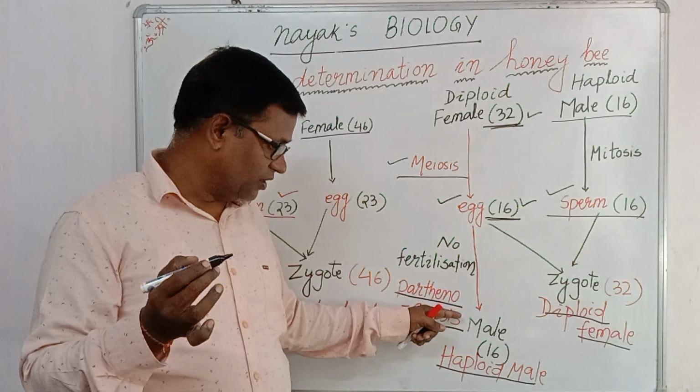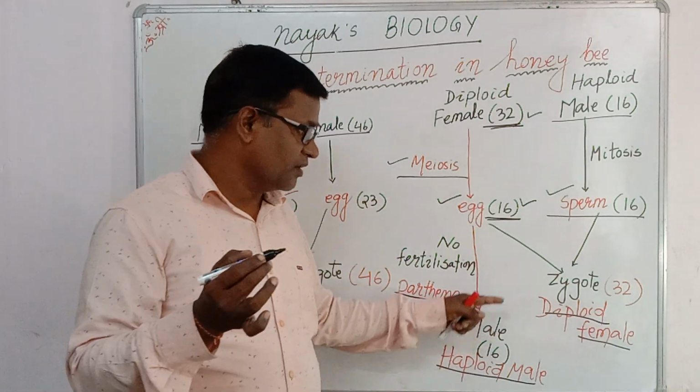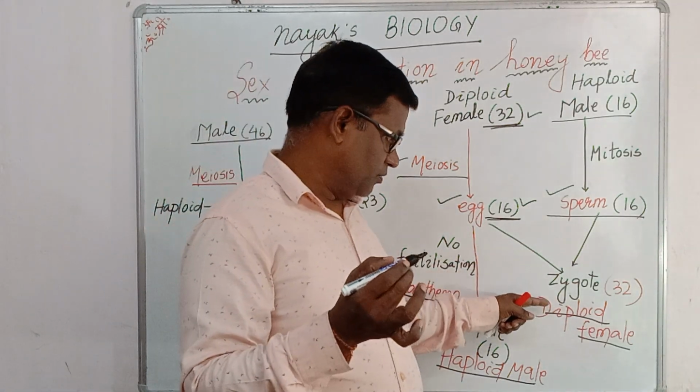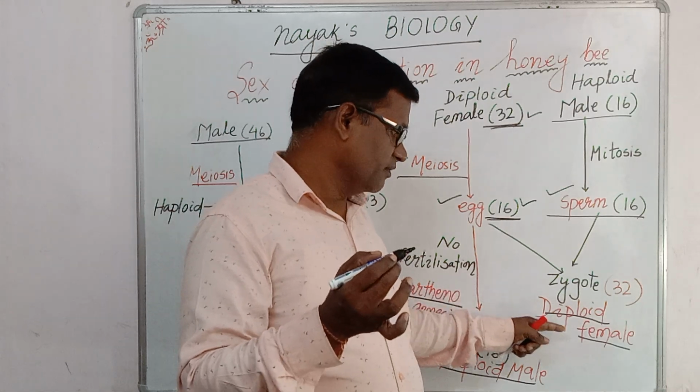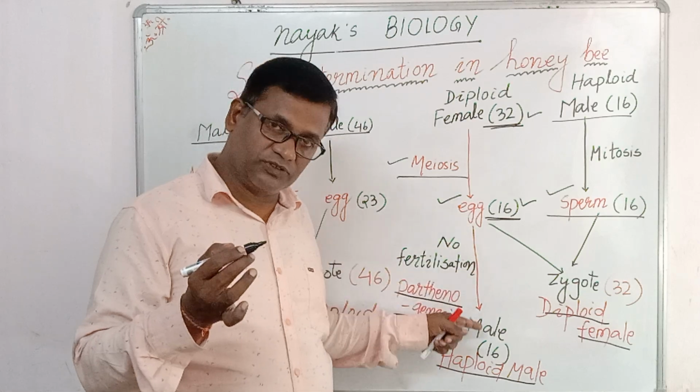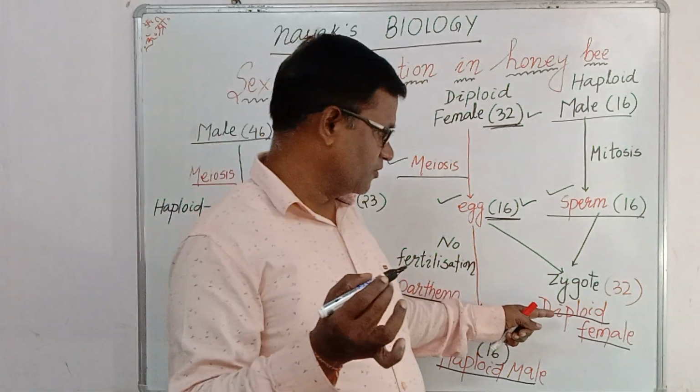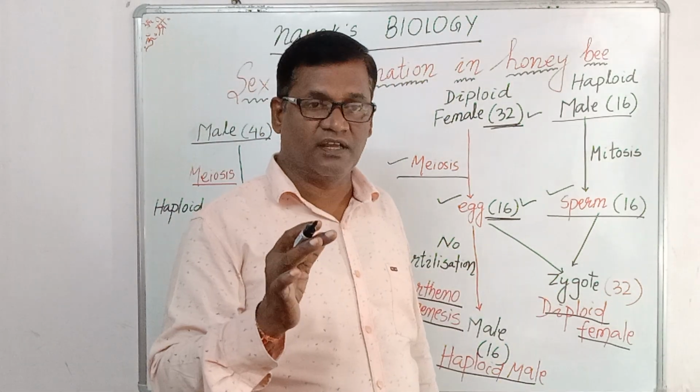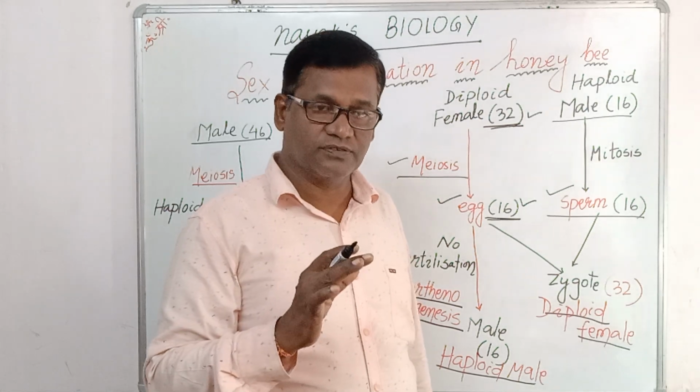That's why the male of the honeybee is a haploid male, whereas the zygote is a diploid female. The male is produced by parthenogenesis, whereas the female is produced by fertilization. I hope you are clear about this.